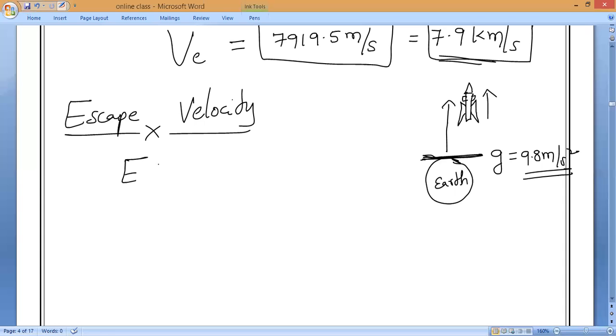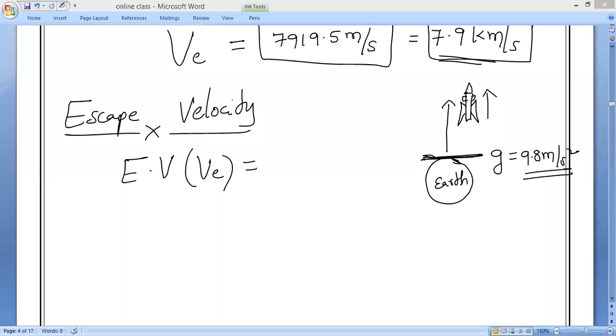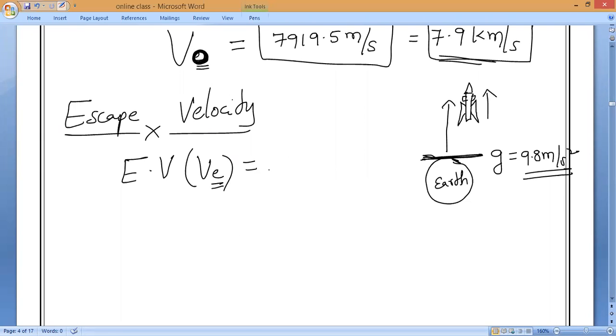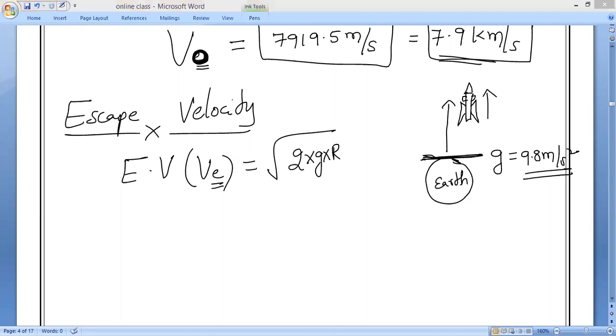Here also you will get confused: VO means orbital velocity, and VE means escape velocity, which is equal to root of 2 into G into R. That's the formula. Understand, everybody? What is the formula for escape velocity? Root of 2 into G into R.